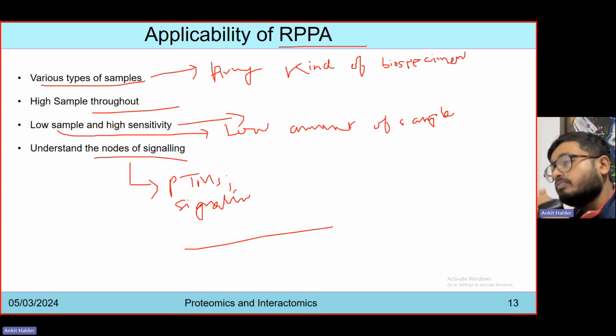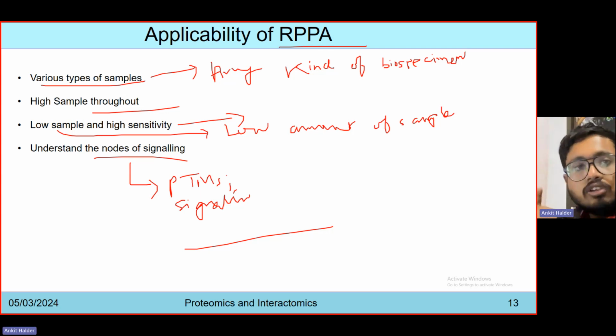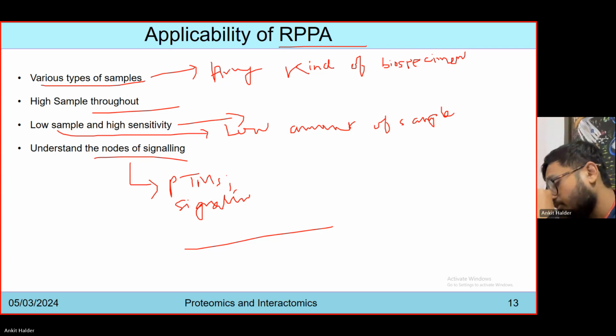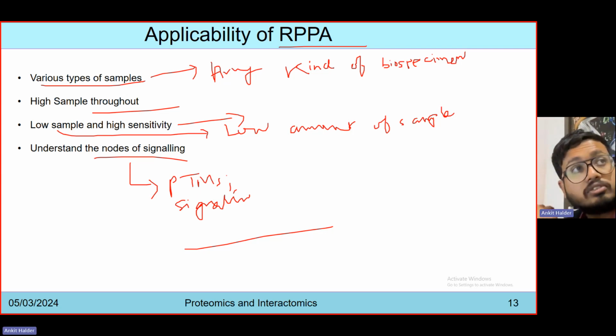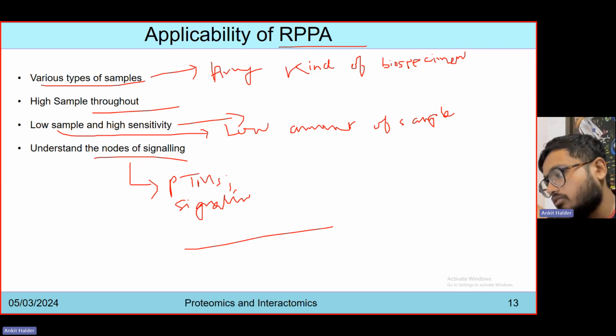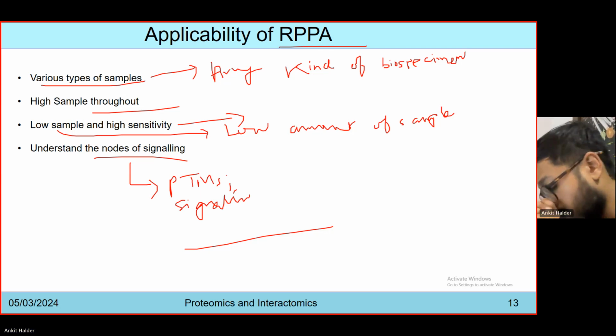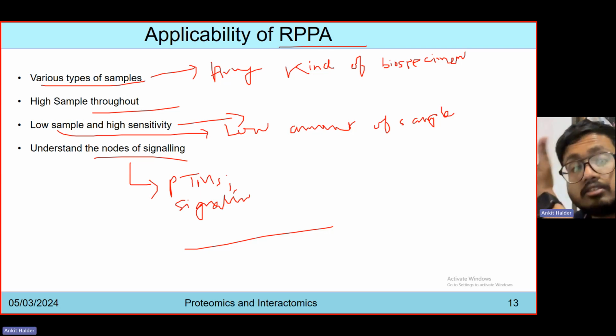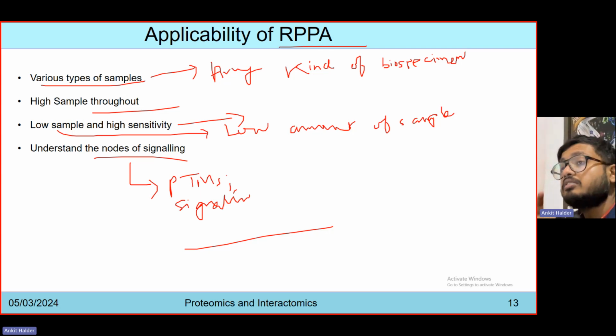Here, the major important thing for the samples is the kind of lysis buffer to be used, because it should not interfere with the signals and should give a good amount of protein extraction. Then we need the antibody validation, then the data analysis.